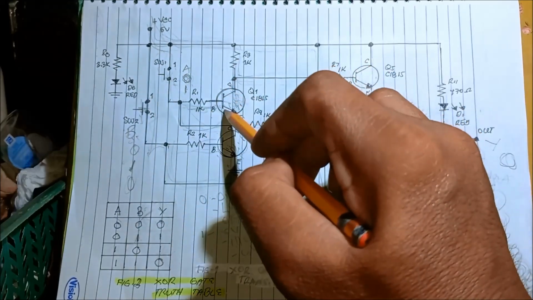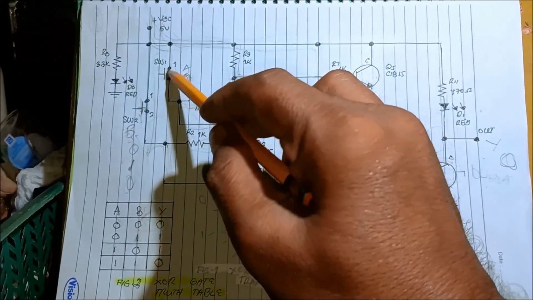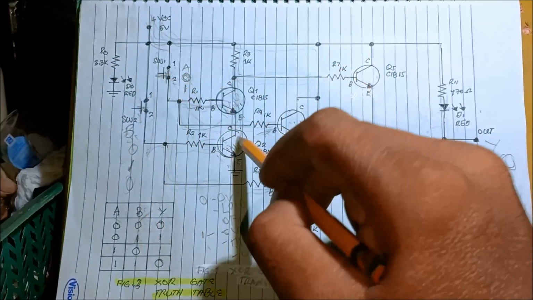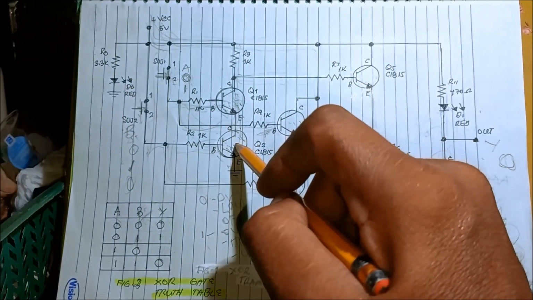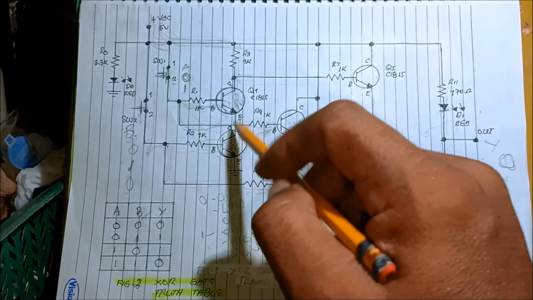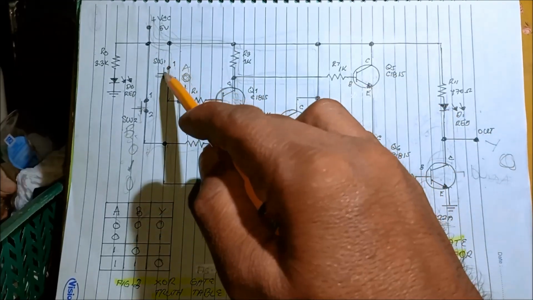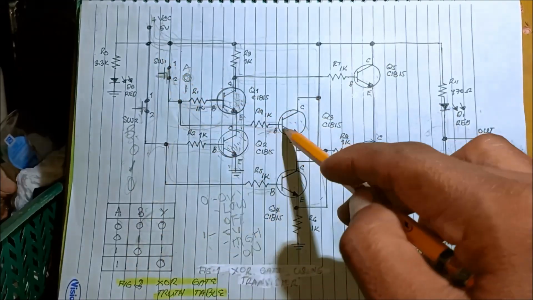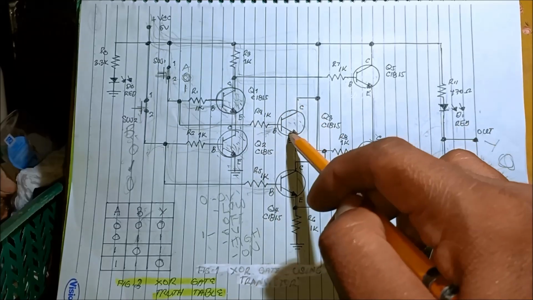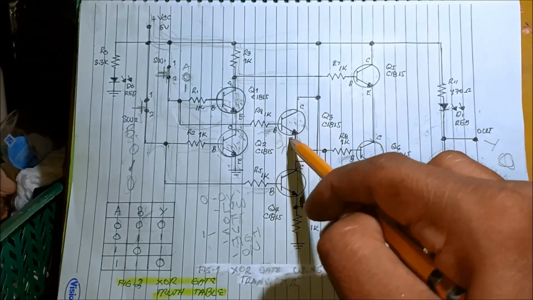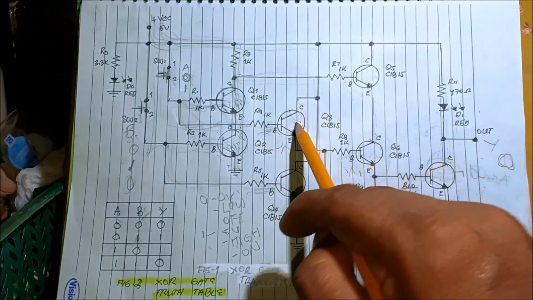Still this is off, even the switch is closed, because of this transistor. Okay, but we have another transistor. Since the switch is closed, it will make this transistor turn on. Now this transistor Q3 is on.